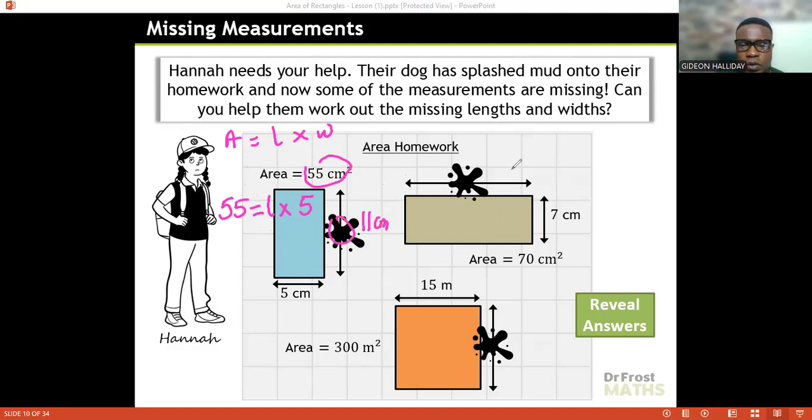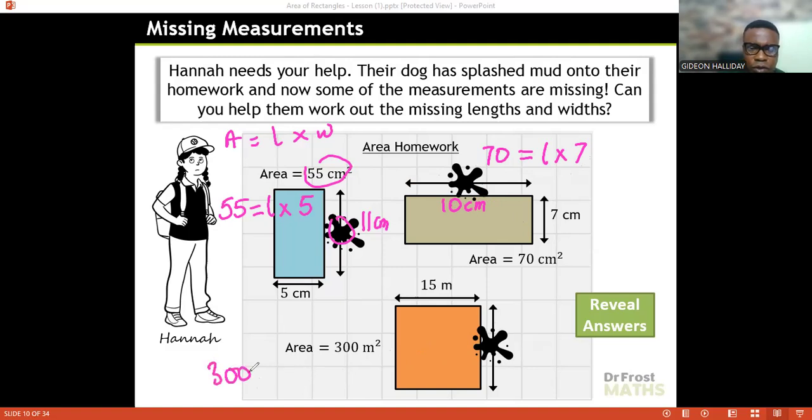Now for the next one, 70. 70 equals L times 7. What times 7 will give you 70? Of course, it's 10. So this side is 10 centimeters. Now for this one, the area is 300.